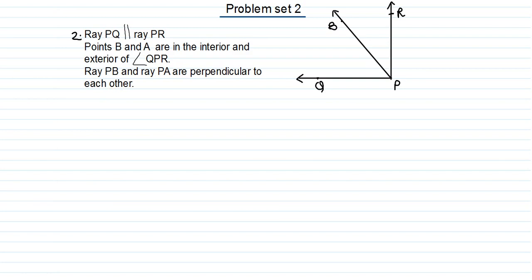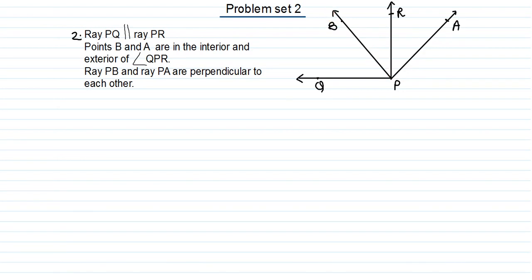Means I need to take this point A in such a manner that the ray which I will be drawing will be perpendicular to ray PB. So let's say this point is point A. This point is in the exterior as well. When I join point P and point A, the ray which I get, this ray PA, will be perpendicular to ray PB.